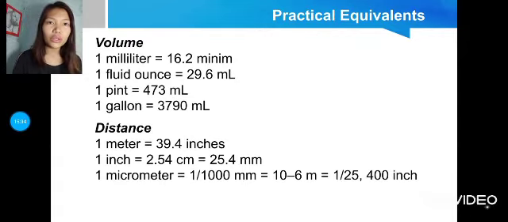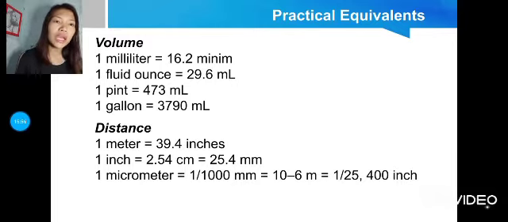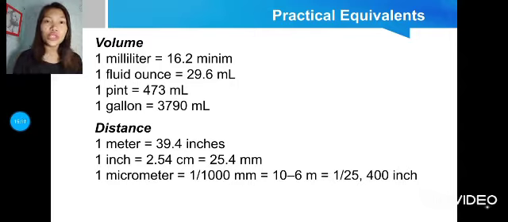For volume, we have 1 ml is equal to 16.2 minims, fluid ounce to milliliter, pints to ml, and gallon to ml. The same, this is a combination of your English system and your metric system. For distance, we have meter to inches, inches to centimeter and millimeter, and micrometer. Again, these practical equivalents are the most commonly used conversion factors when you are calculating doses.